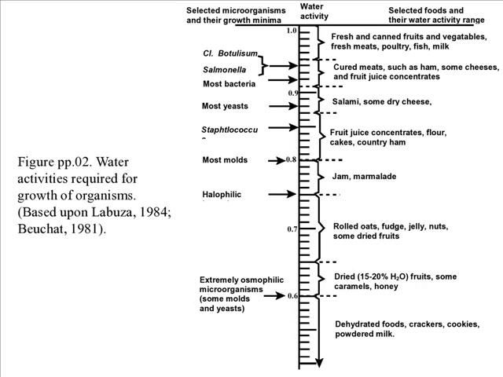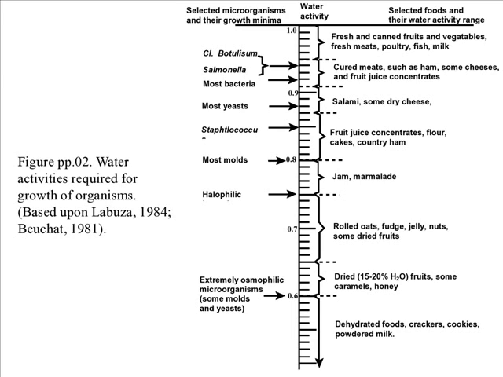Here you see different water affinities required for growth of organisms. There are certain organisms that can only exist with certain amounts of water activity. For example, at the top of the scale in terms of water activity, you see fresh and canned foods and vegetables, fresh meats, poultry, fish, and milk. At the bottom of the scale, you have dehydrated foods, crackers, cookies, powdered milk, things that have very, very low water activities.